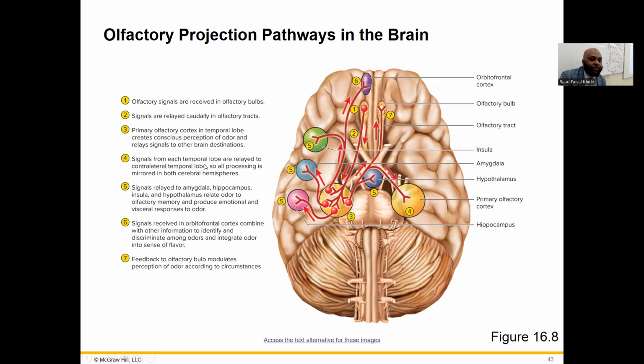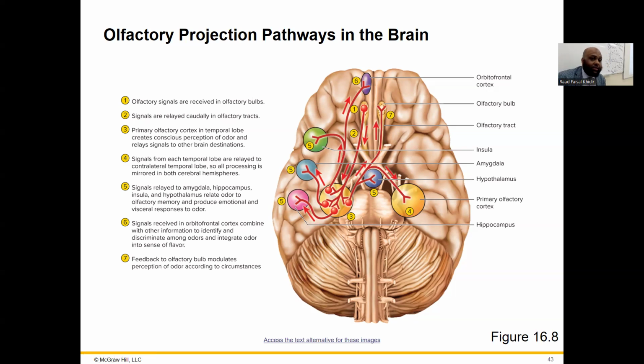Signals from each temporal lobe are relayed to the contralateral temporal lobe. So all the processing is mirrored in both cerebral hemispheres, and both hemispheres cooperate to help us integrate and process the nature of this odor that we have detected.